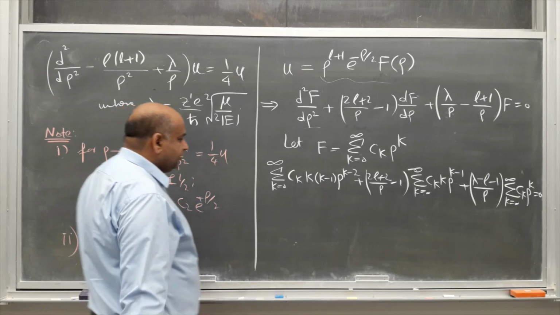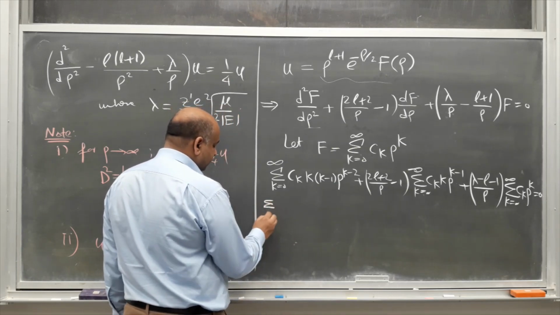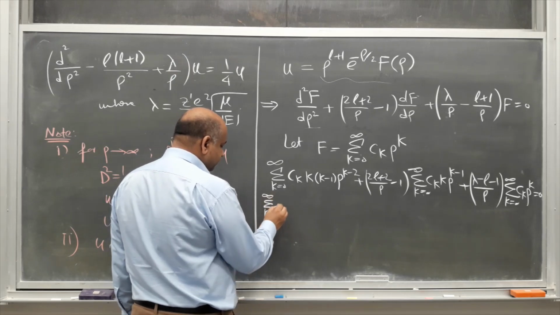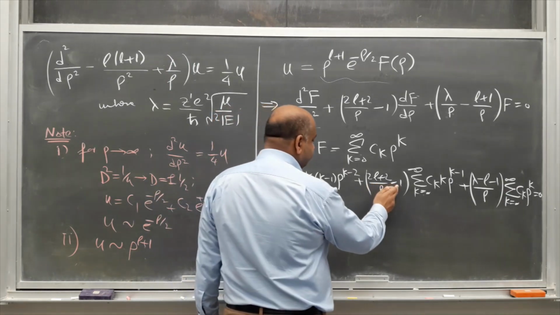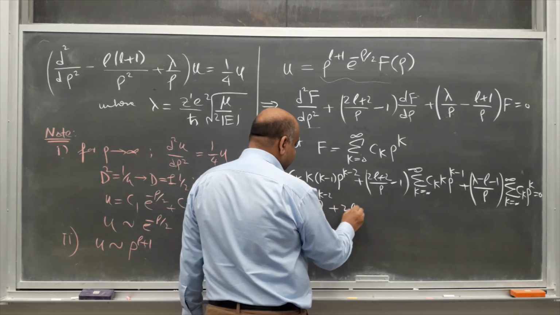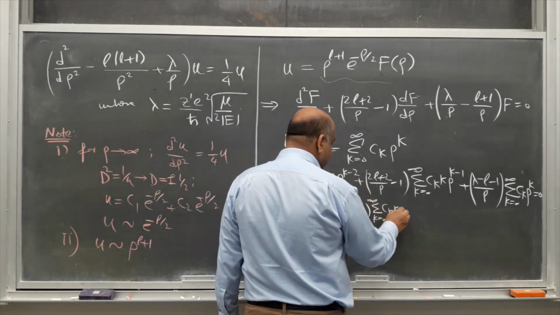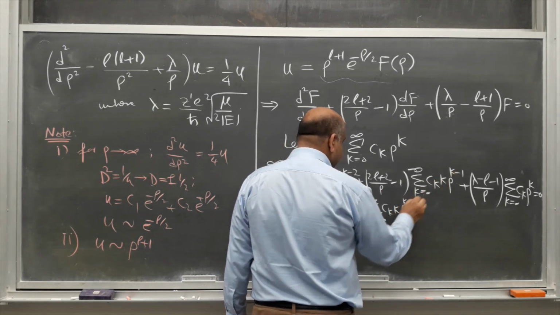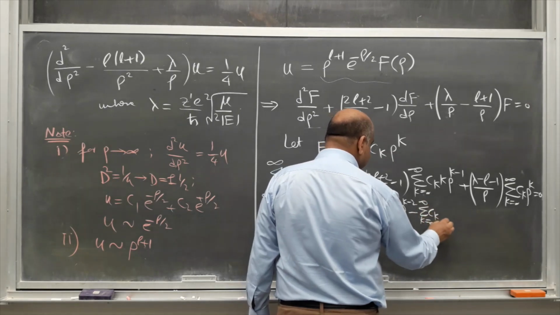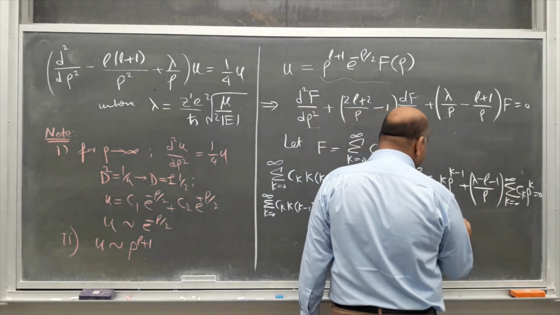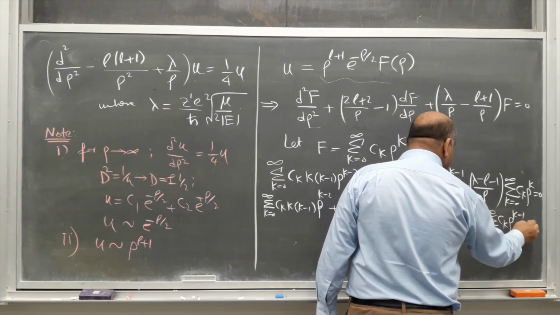Now in this equation, let's write it like this: sum over k from 0 to infinity of ck k into k minus 1 rho power k minus 2, and over here this multiplies with this and it becomes 2l plus 2 sum over k from 0 to infinity of ck rho power k minus 1, and this is minus sum over k from 0 to infinity of ck rho power k minus 1, and this becomes lambda minus l minus 1 sum over k of ck rho power k minus 1, equals 0.